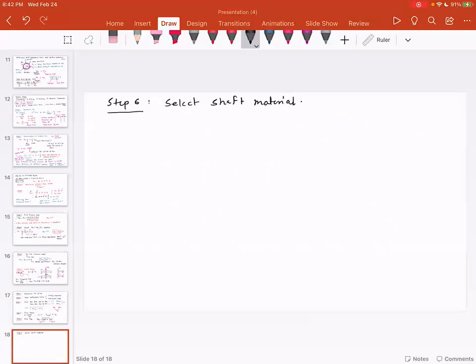So select the shaft material, and the shaft will always be designed in torsion. This is the fundamental equation of torsion. It will be replaced as TEQ divided by pi by 32 times d to the power 4 is equal to tau design.